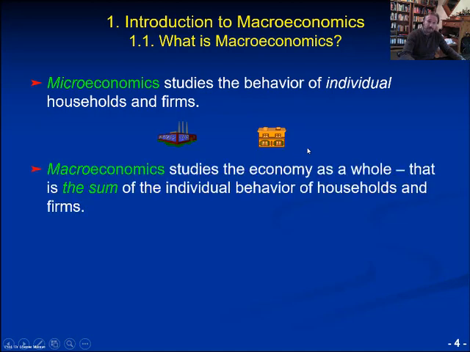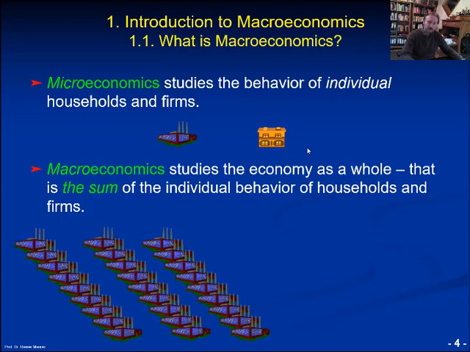To the contrary, in macroeconomics, we study the economy as a whole, that is, the sum of individual behavior of households and firms. So we have now not single households and single firms, but we have the so-called firm sector or company sector, where we add up the production or the sales or value added of all firms together.